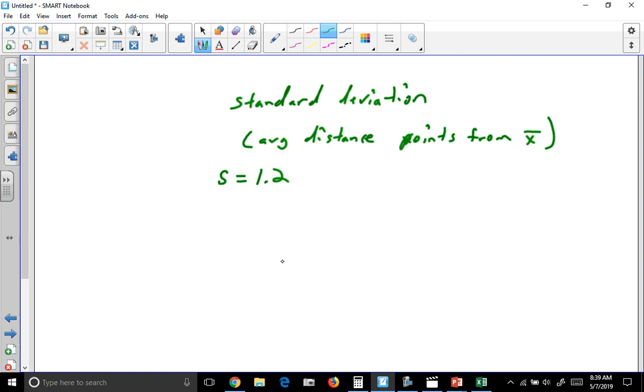So let's suppose we had a distribution and we graphed it, and our distribution had an average here. If we have a small standard deviation, then our data is grouped closely together.